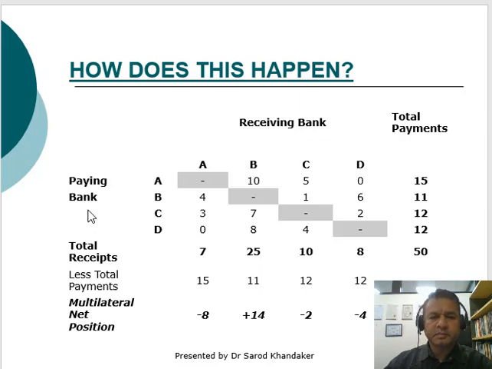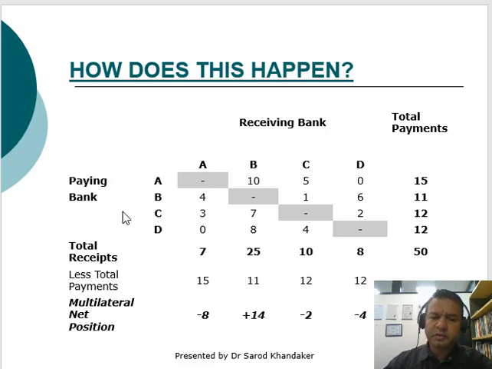For example, the paying banks include A, B, C and D. At the same time, the receiving banks also include A, B, C and D. Bank A will receive $4 from Bank B, $3 from Bank C and $0 from Bank D. The same way, Bank B will receive $10 from Bank A, $7 from Bank C, and $8 from Bank D. Bank C will receive $5 from Bank A, $1 from Bank B, and $4 from Bank D. Bank D will receive $0 from Bank A, $6 from Bank B, $2 from Bank C, and $0 from its own bank.